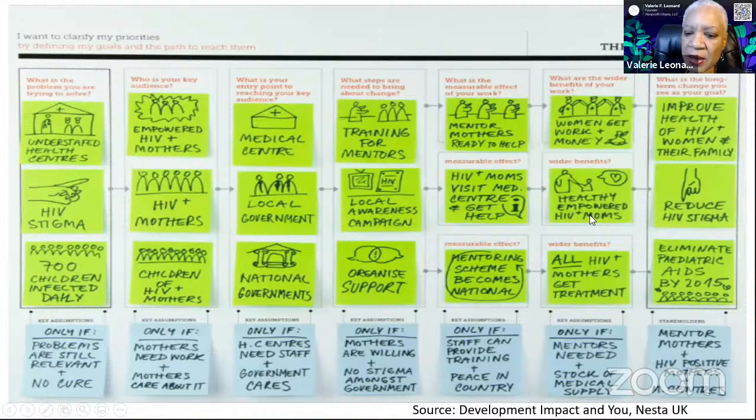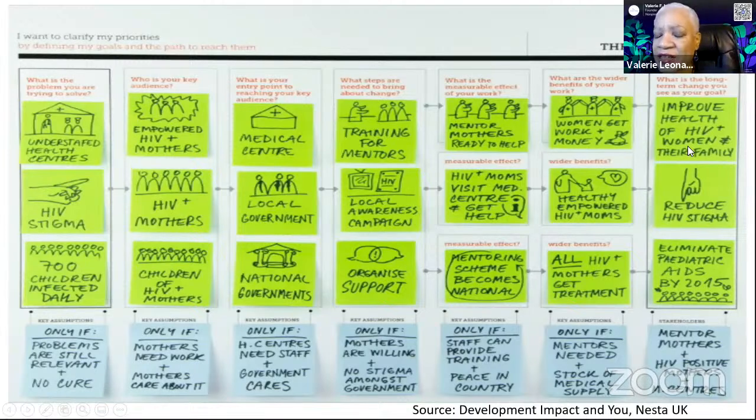And then they become healthy and empowered HIV positive mothers. And then all HIV positive mothers will get treatment. And this can only happen if they have enough mentors and if those mentors are actually needed. And if they have an adequate stock of medical supplies.